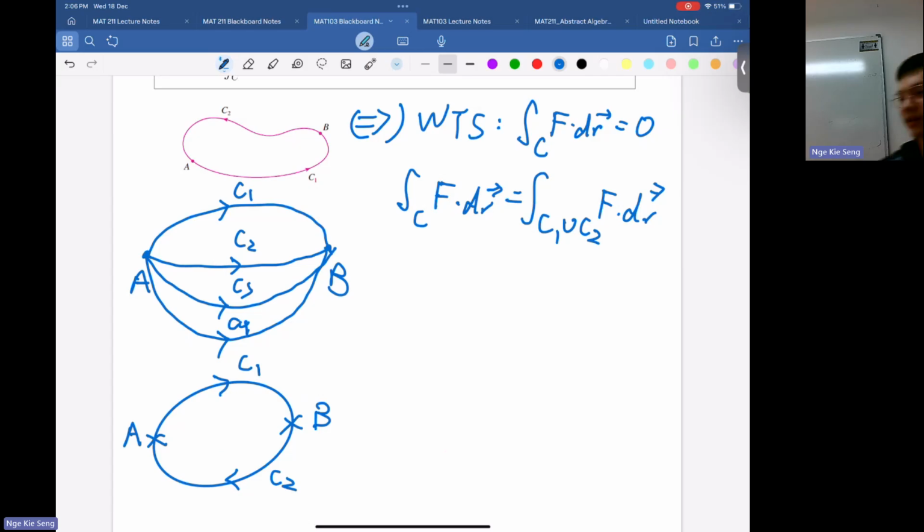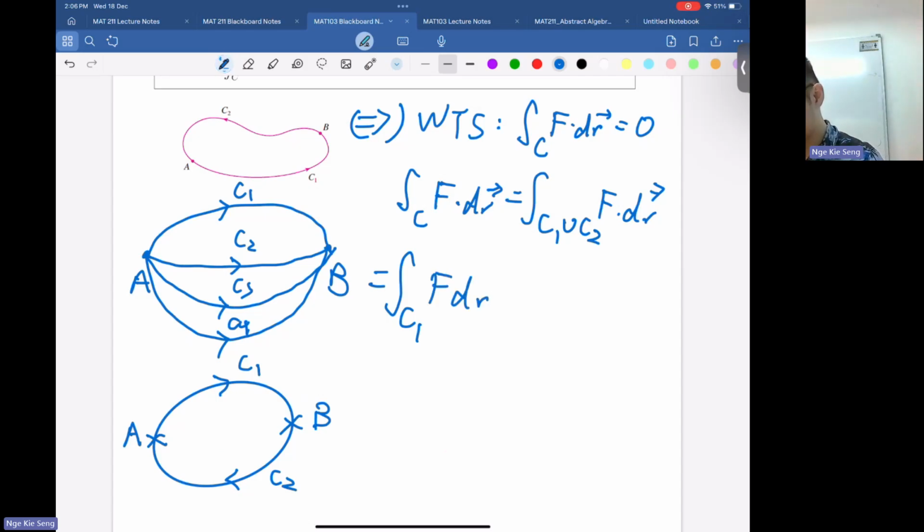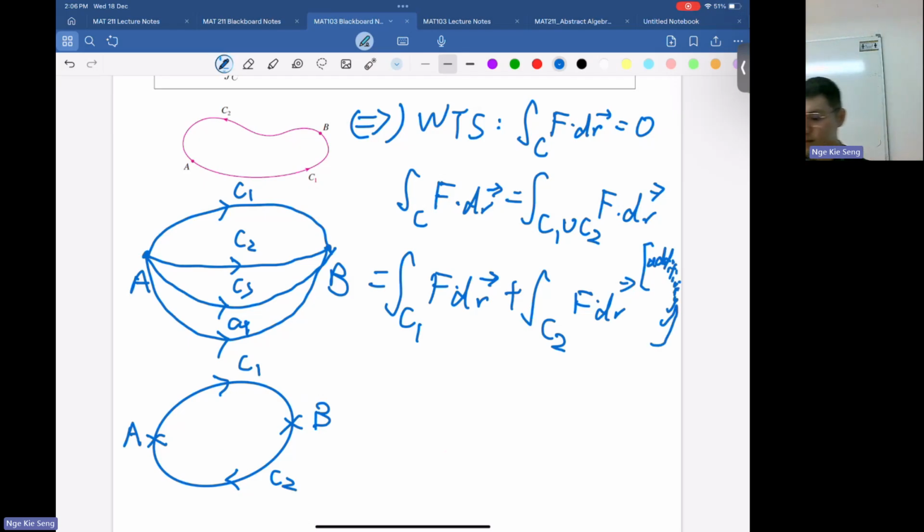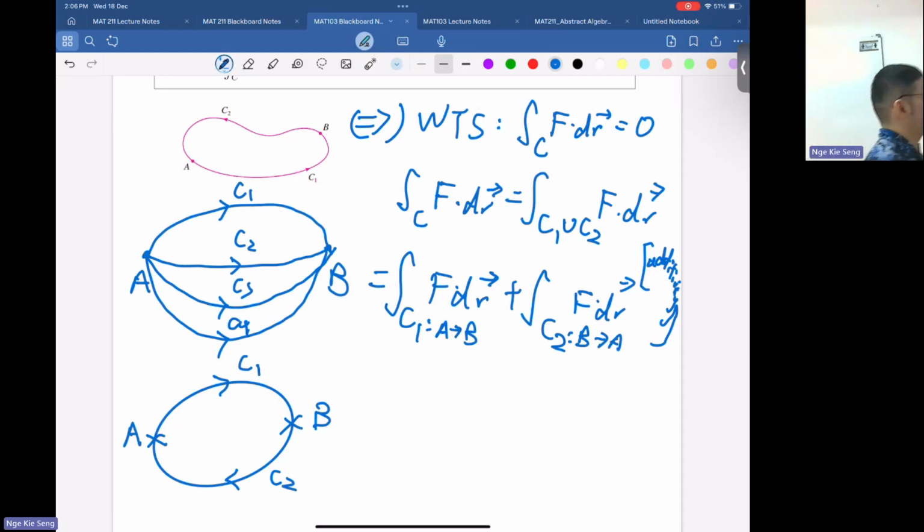So we can split the integral out. This is one of the properties of line integral. But C1 is going from A to B, and C2 is going from B to A.